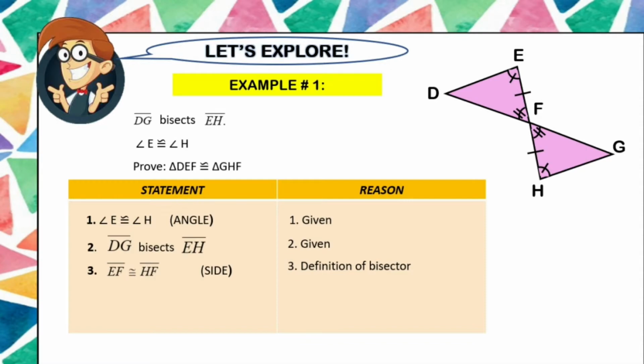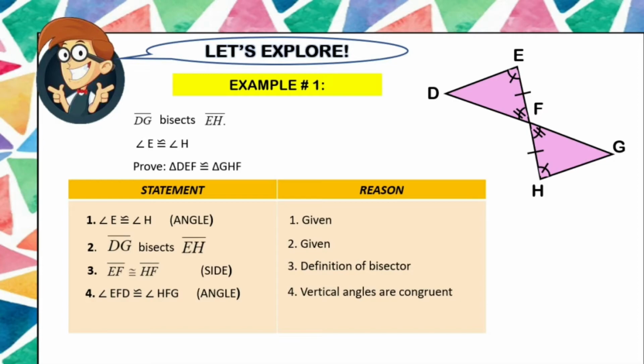For the fourth statement, angle EFD is congruent to angle HFG. And the reason is because angle EFD and angle HFG are vertical angles, and vertical angles are congruent.